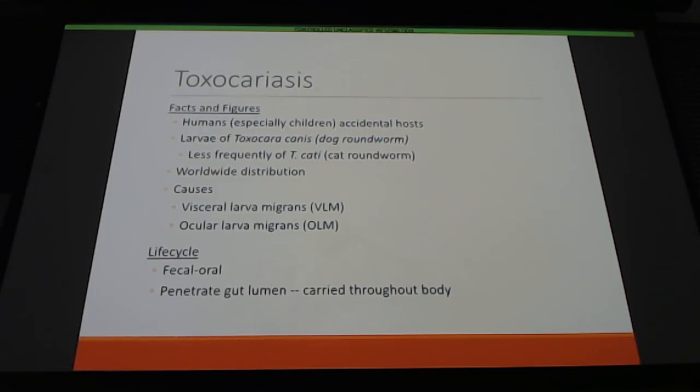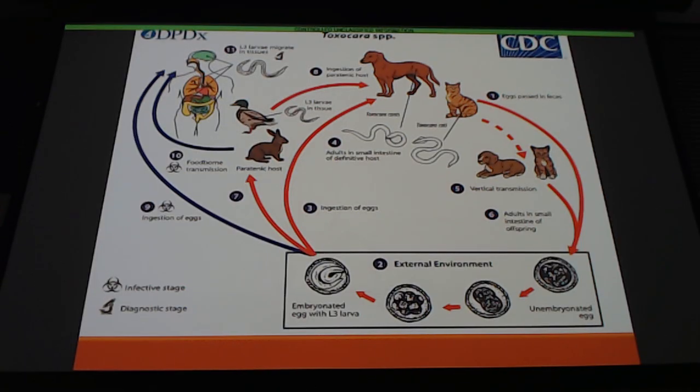And en route, it usually damages a lot of the tissue that it comes into contact with before it makes it to wherever it's going. Some of that is due to the actual species itself, and other parts are the body's hyperinflammatory reaction to it moving and migrating. So, multiple reasons why it causes a lot of tissue damage.